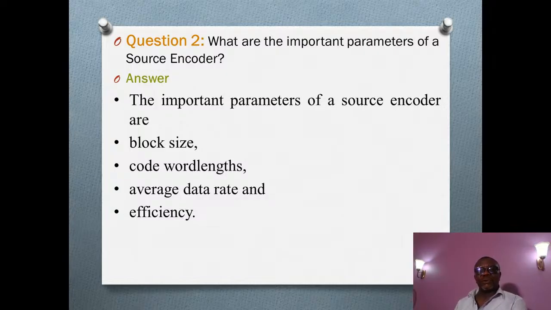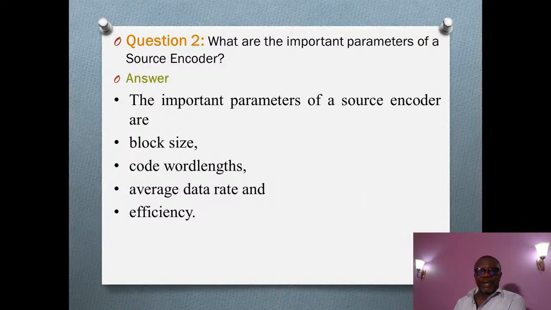The source encoder is that device that collects the either analog or digital information that is to be sent from the transmitting end to the receiving end, and converts it to the form suitable for transmission through the medium.